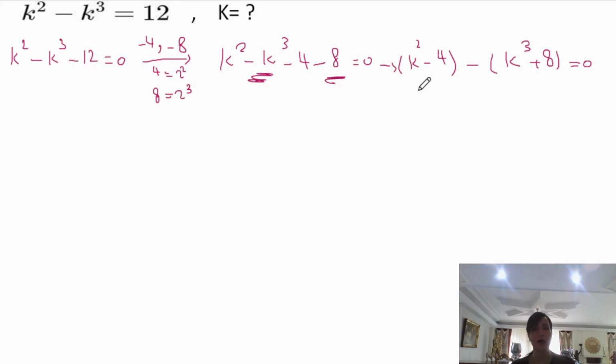Now I can use two formulas: the formula of difference of squares and the formula of sum of cubes. The formula of difference of squares says if I have a squared minus b squared, I can write it as a minus b times a plus b.